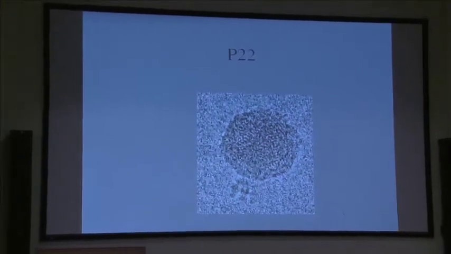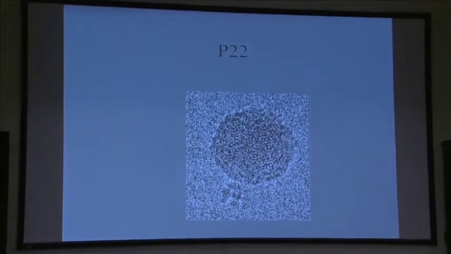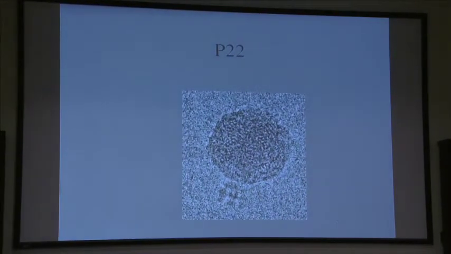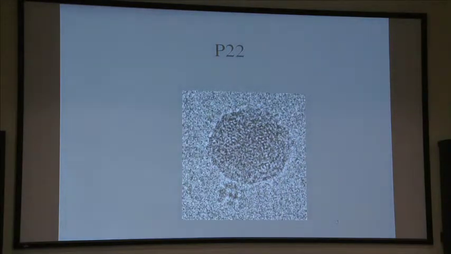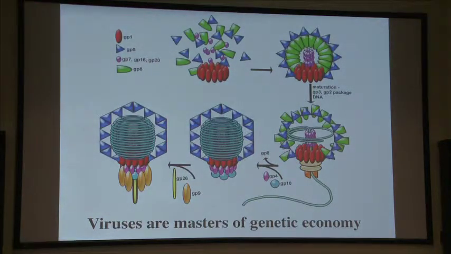One is on bacteriophage P22, which is really more of an assembly study because we've been interested in many stages of the process. The cartoon level presentation of this has only three major gene products associated with it.